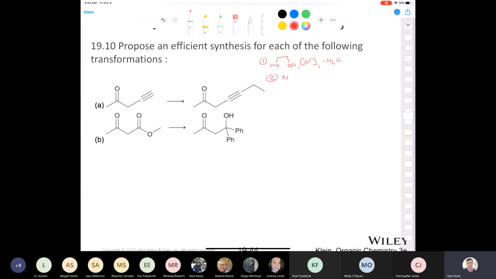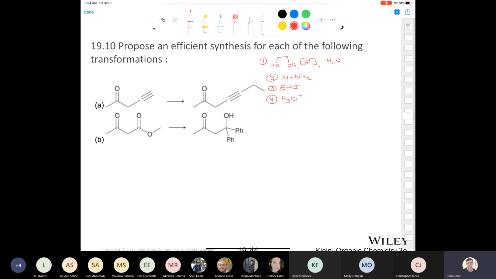Next, we're going to treat it with sodium amide to do the deprotonation, followed by ethyl iodide because we're adding an ethyl group to the molecule. And then finally, we're going to remove that cyclic acetal using acidic conditions, so just by treating it with acid, like that.